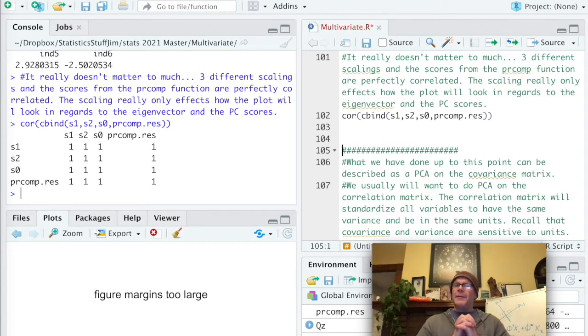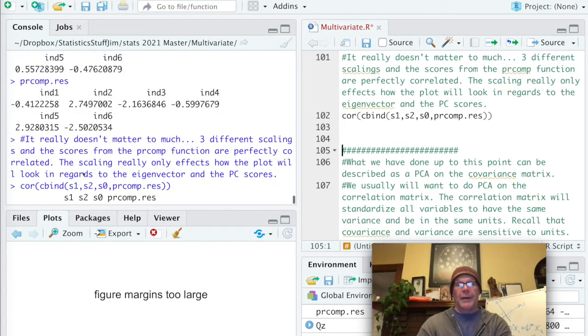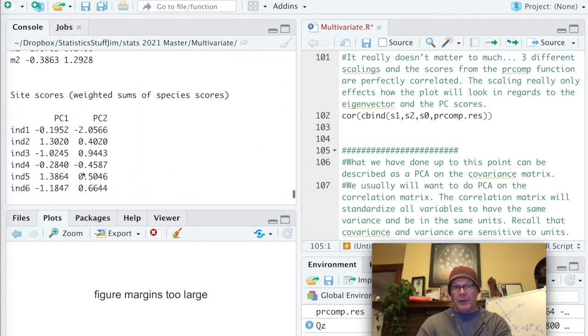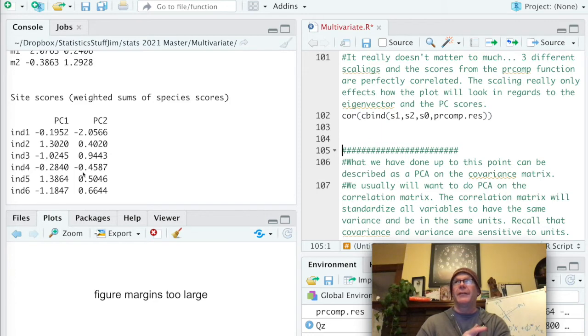Okay, so up to this point, we've been playing around with doing principal components analysis, and we've been really focusing, and I hope I've been explicit, that we're really thinking about the covariance, right? Because that's what's being decomposed, the covariance matrix. Now, we've already talked about, when we talked about covariance, that covariance is sensitive to units. And that can be a problem if we're doing a principal components analysis and we allow ourselves to be sensitive to the units.